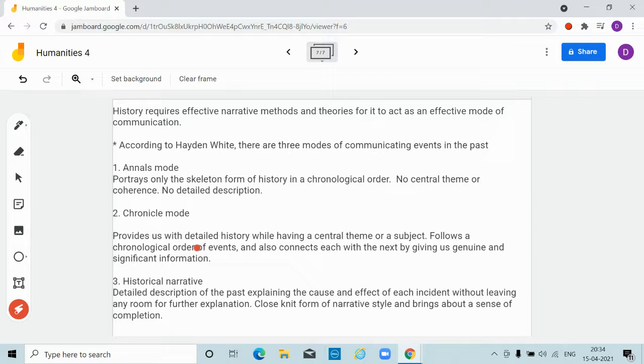But in the historical narrative, description is so detailed that no room is left for any more explanation. So the cause and the effect is brought together properly, and the entire narrative is close knit, and it brings about a sense of completion. That is the most important aspect.